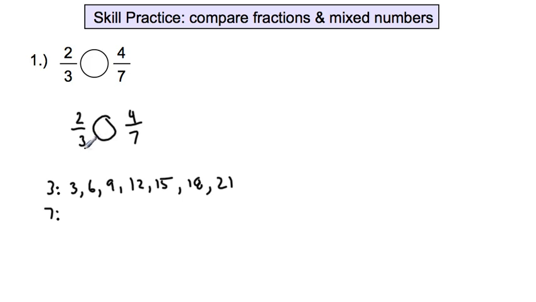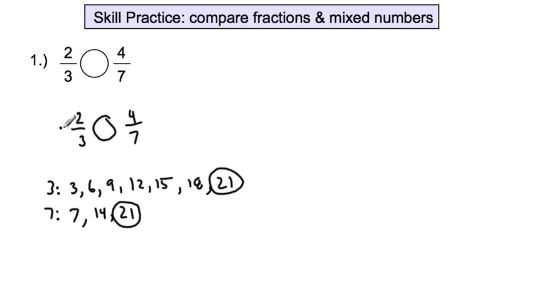And remember, the least common multiple of two numbers will never be higher than those two numbers multiplied together. So 3 times 7 is 21. I don't need to go past 21 as I'm listing out all of the multiples. All right, so then 7 becomes 7, 14, and then 21. And now I see that 21 is on both lists.